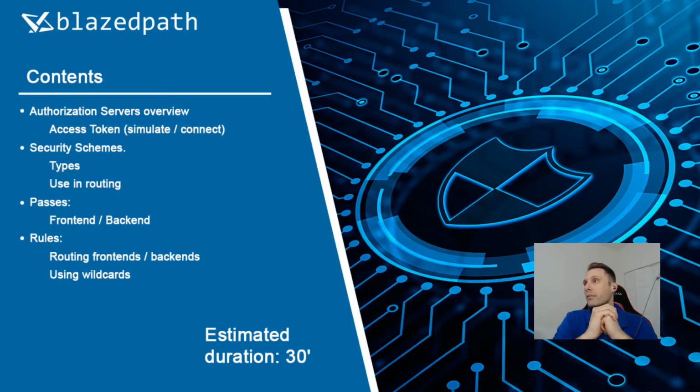That's actually at the end of the contents, because it is directly tied to the front end. And then we are going to talk jointly about the security scheme and passes, because those are the way Blazedpath has to extend the authorization from the front end to the microservices and the external services, in case you have any kind of authorization on the back end. So those are the subjects we are going to cover today.